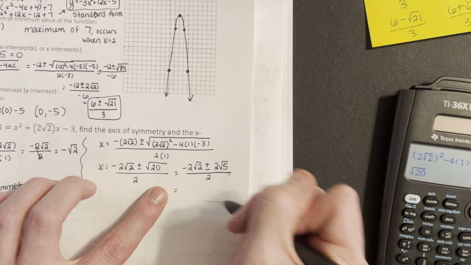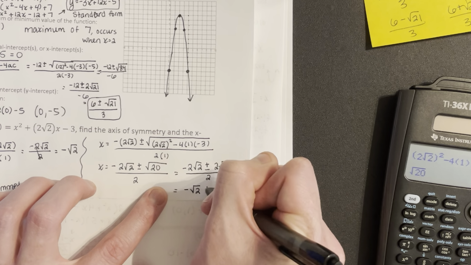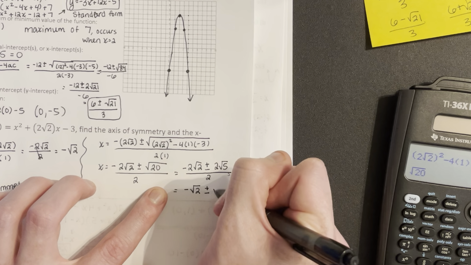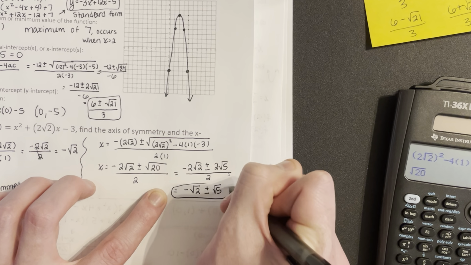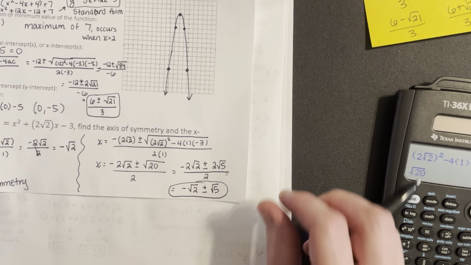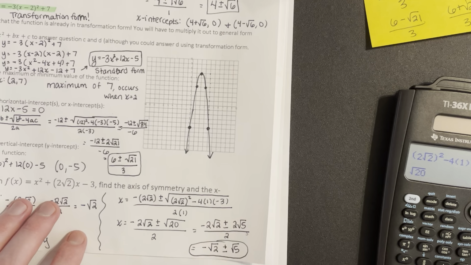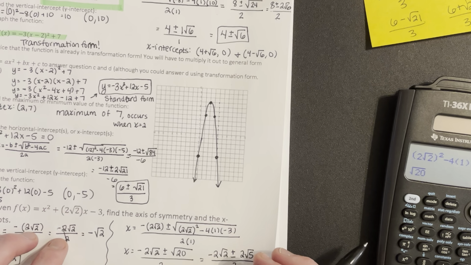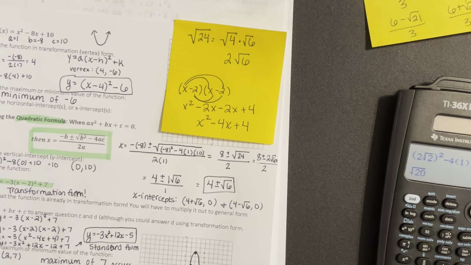I can divide everything by 2, which gives me negative 1 square root of 2 plus or minus, if I divide that, a positive 1 square root of 5. That really forces us to understand our algebra skills. So if there's a part of this that you need to go back and review a little bit, or if you have some questions about, definitely look up some of the other videos like factoring or maybe even simplifying the radicals and things. That could be helpful.